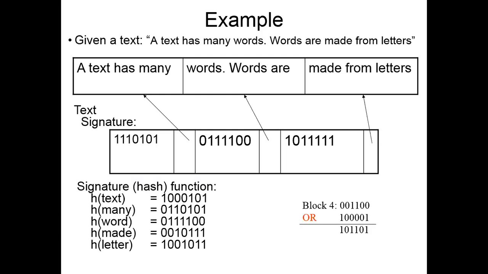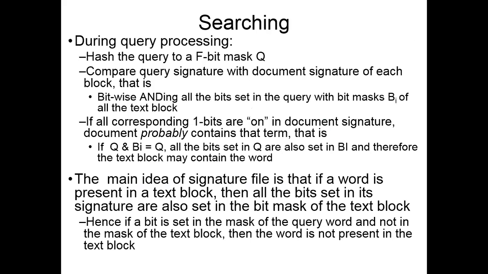In such a case, when you compare the query signature with the block signature, they may give you the query signature, which means the document is relevant. But actually it's not relevant, which we call a false positive. Or the reverse can happen, where the document is not relevant but looks relevant when compared.